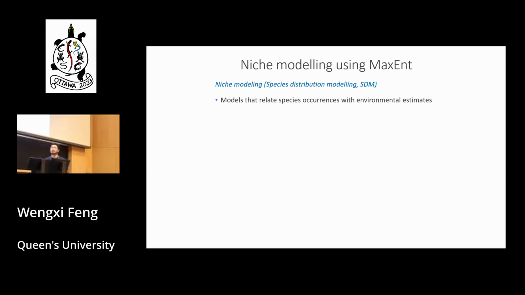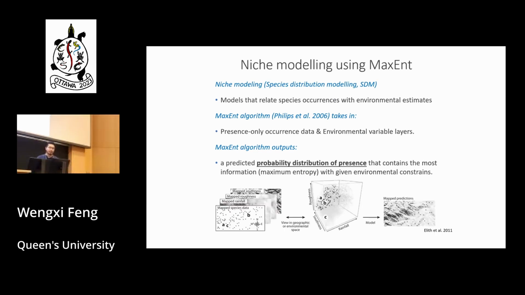It's a correlational model. The advantage of this model is that it takes presence-only data, which is very good for our cryptic species here, and the output is a prediction of probability distribution across the landscape within the constraint of environmental variables with maximum information, hence the name max entropy.